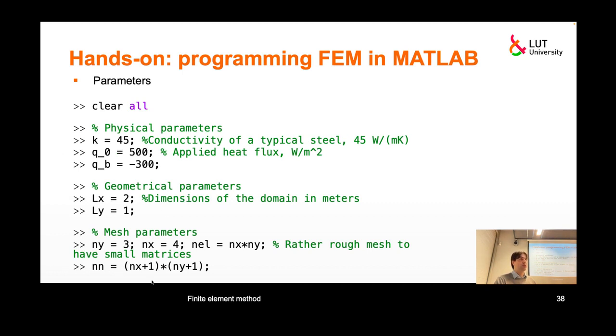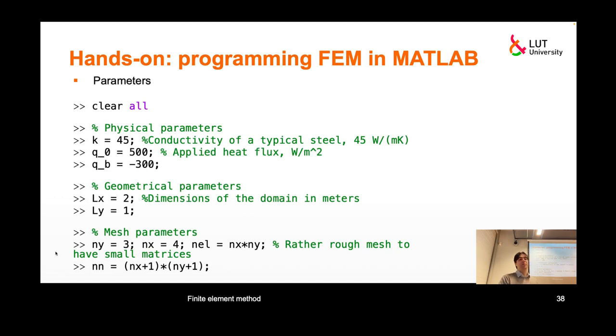Then about our mesh. This is something new. It's convenient to introduce not the size of an element, but the number of elements along each axis. And in this example, I want to use a very small number of elements. I mean, not small elements, large elements, and a very small number of elements to make it easy to analyze matrices, so that they are small.